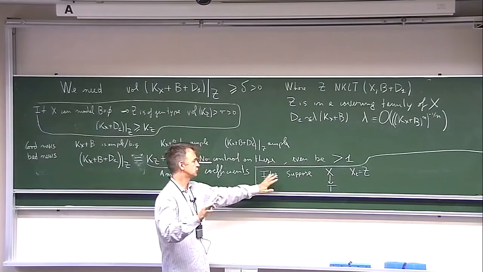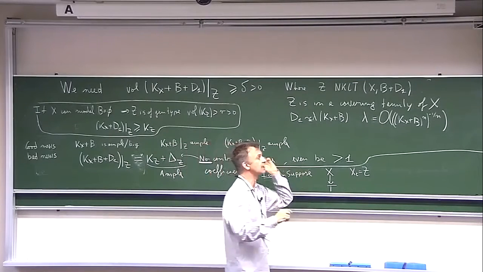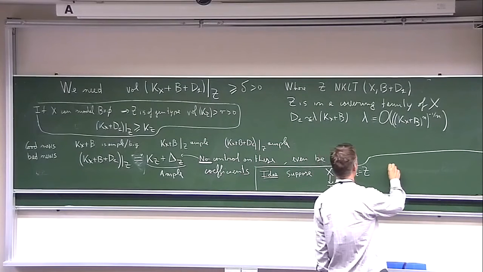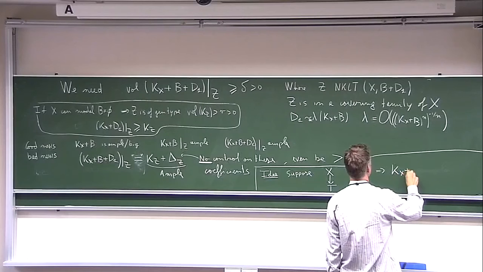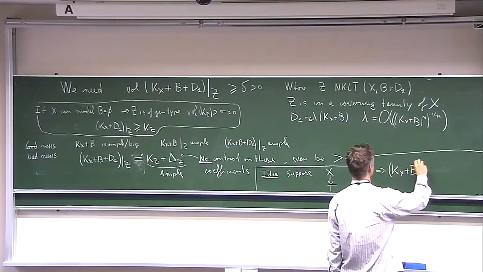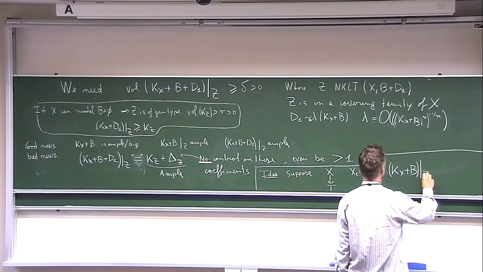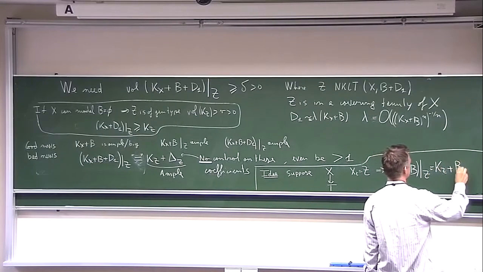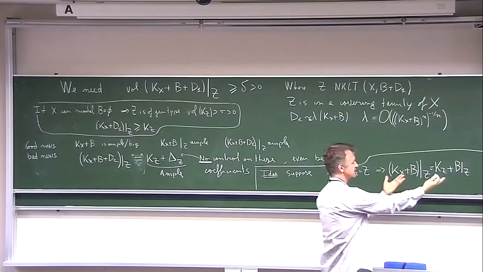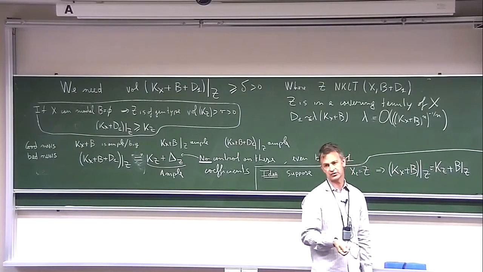I have not shown you that you can assume that, but suppose that you were able to assume that, then you would have that K_X plus B restricted to Z is just K_Z plus B restricted to Z. This is ample, and it has the right kind of coefficients.